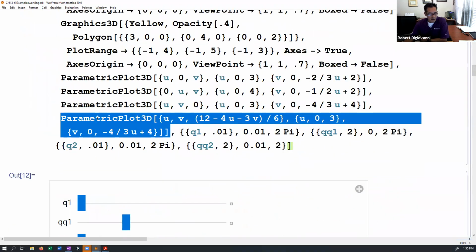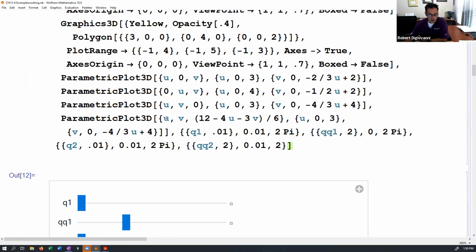I did what's called a parametric plot, and this is like the vector function. So I said u, v, u for x, v for y. Here's the surface. I wrote it a slightly different way, but that's the surface part. And then I said restrict u between 0 and 3 and restrict v between 0 and -4/3 u plus 4.